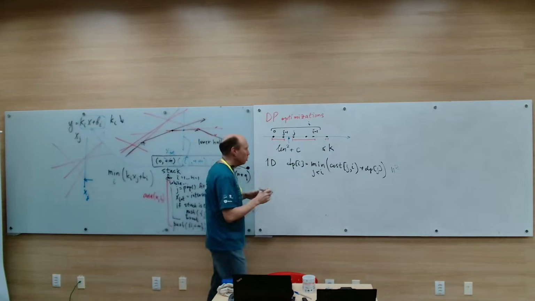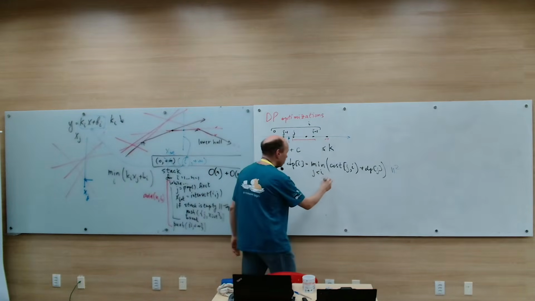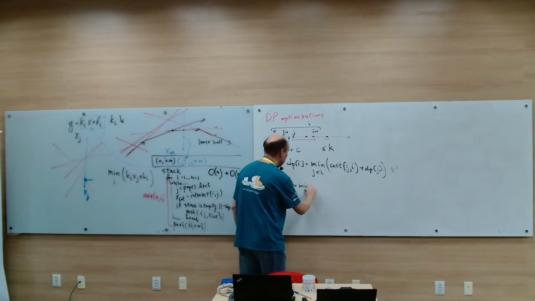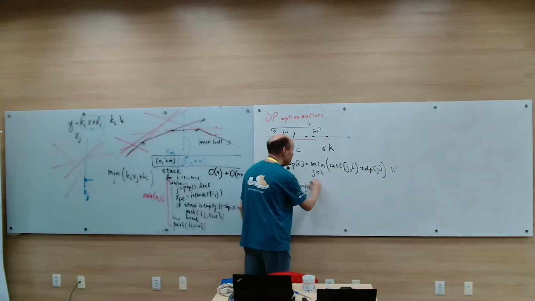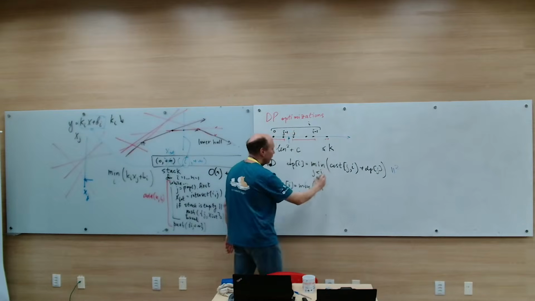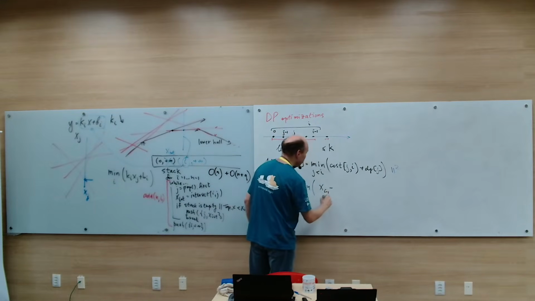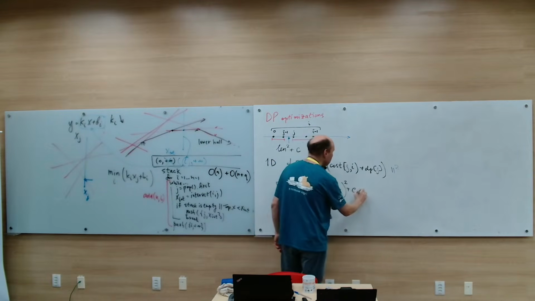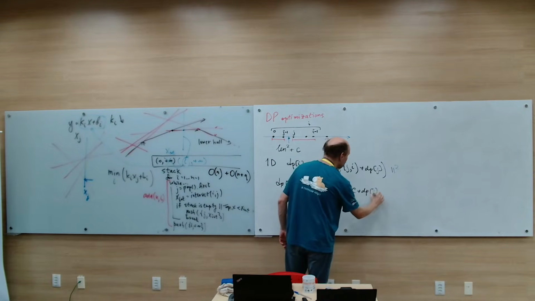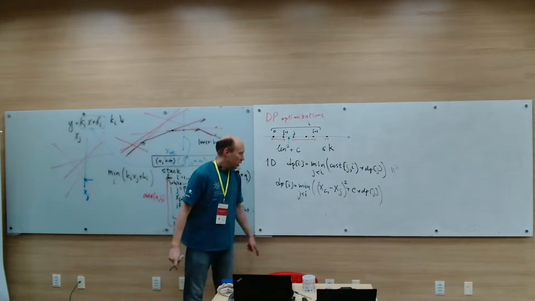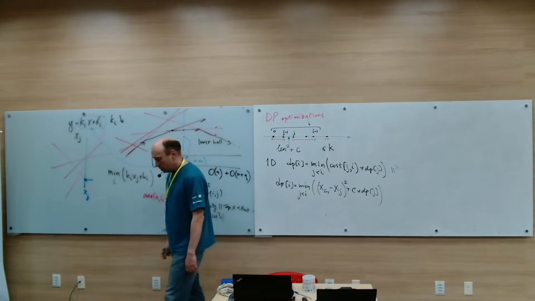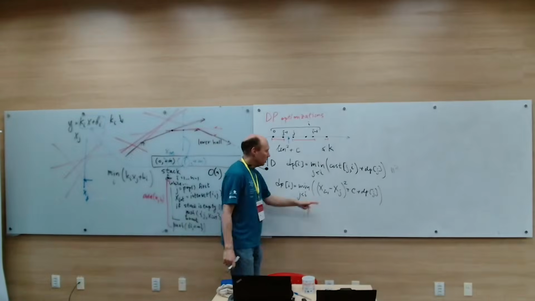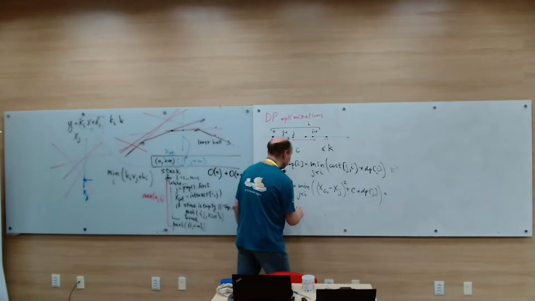So dp i is the minimum over j smaller than i of (x i minus 1 minus x j) squared plus c plus dp j. Let's expand this square.